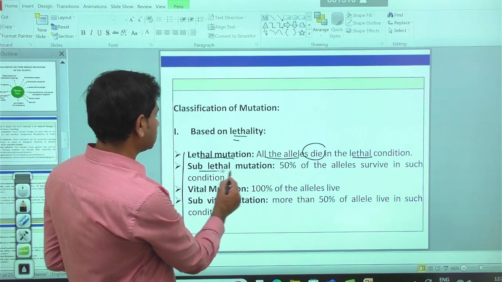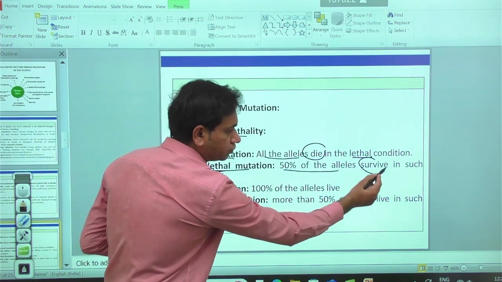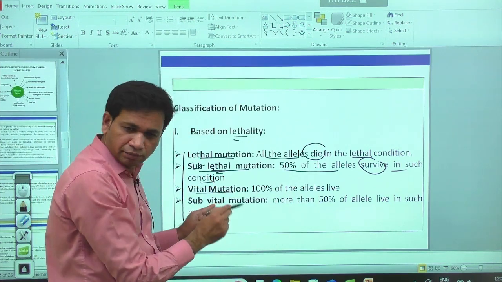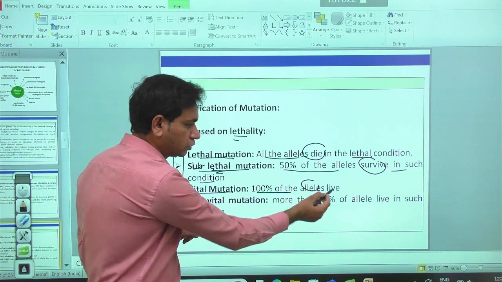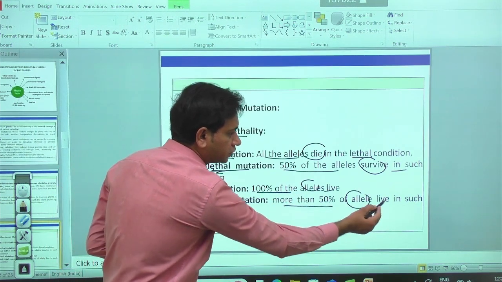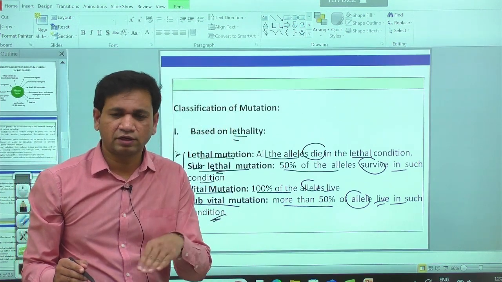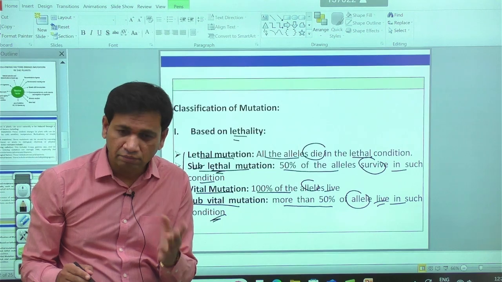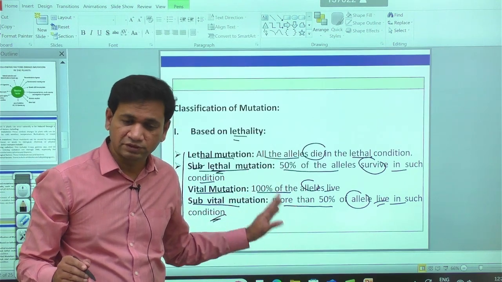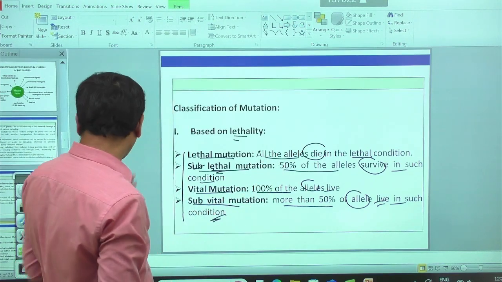Another is sublethal mutation, in which 50% of the alleles survive. Third, vital mutation: vital means 100% of the alleles live, and subvital means more than 50% of the alleles survive in such a condition. So we have different proportions of allele survival: 100%, nil, 50%, and more than 50%, based on lethality. That is one classification we have.